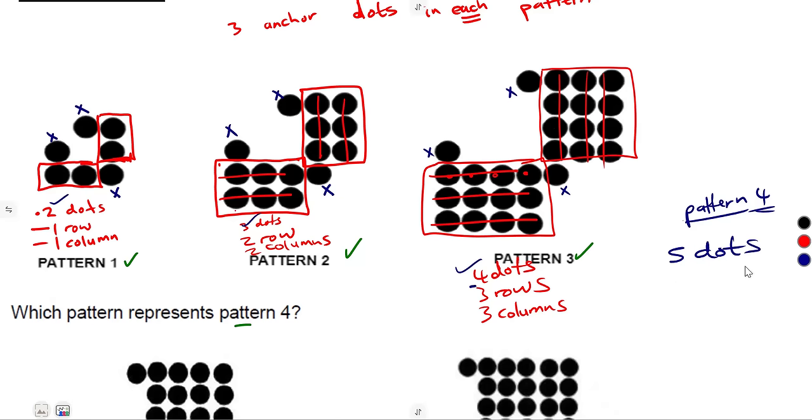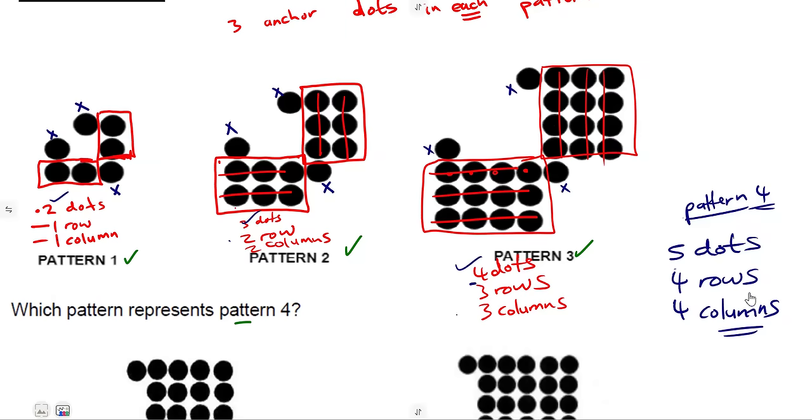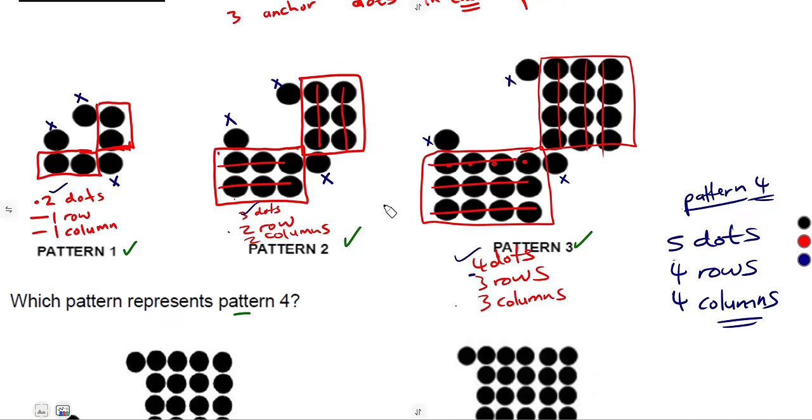So there are going to be 5 dots, and the number of rows and columns must be increasing again. It was 1, 2, 3. Now there are 4. So we must have 4 rows and what? Remember, the number of rows and the number of columns are the same. And do not forget those 3 anchor dots.